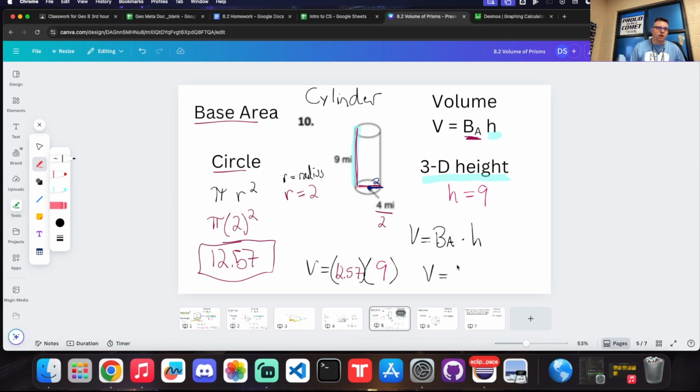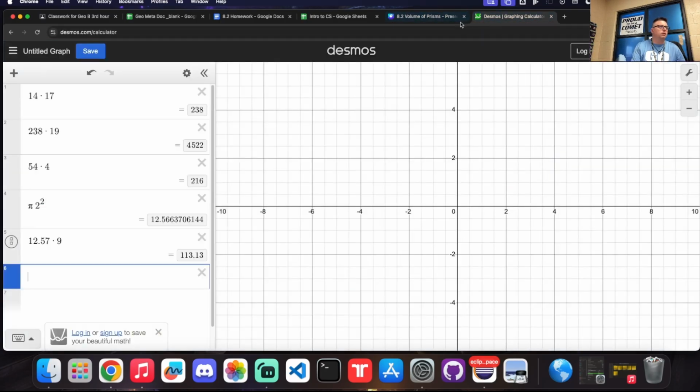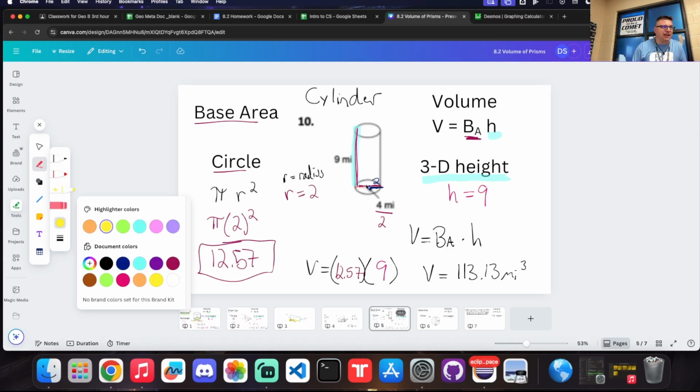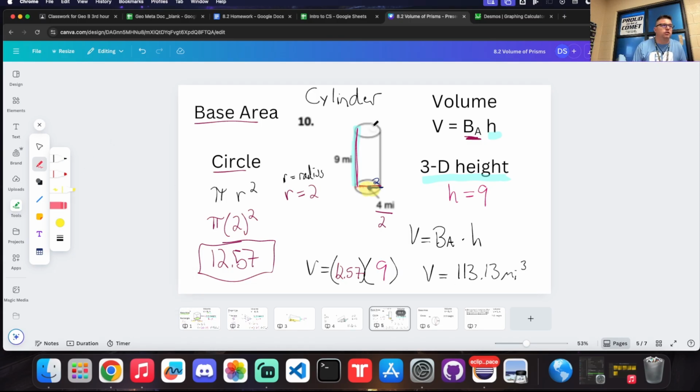So my volume's going to be 113 point, was it 13, right? Yep. And we're going to call it miles cubed. Yes, no, maybe so. How do you feel? Is that okay, not okay? And remember, we're doing the base area, and it should match the top and bottom.